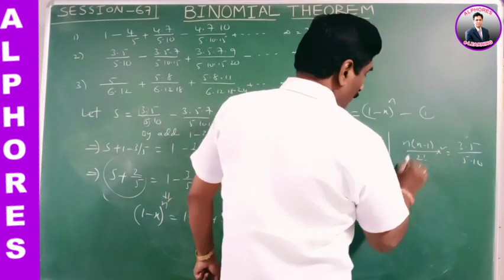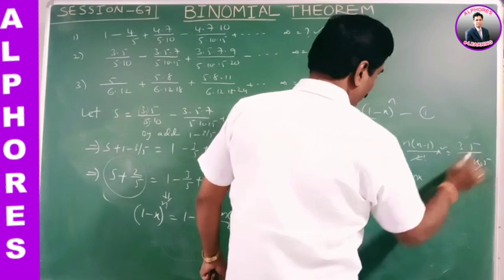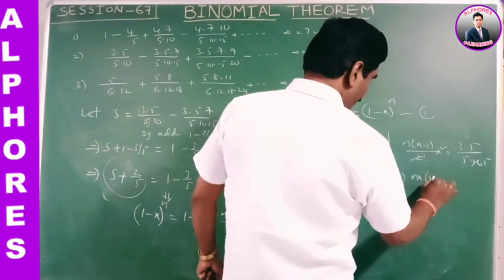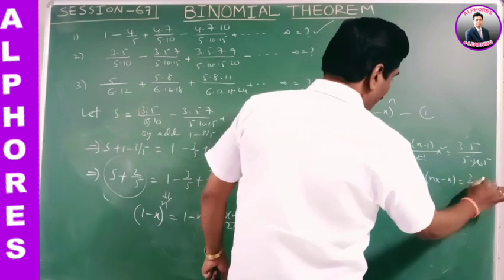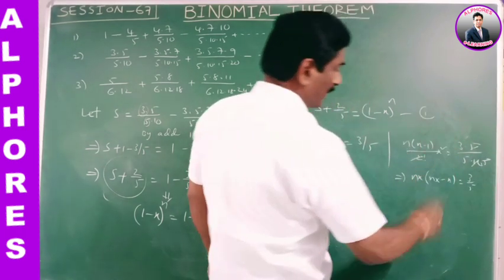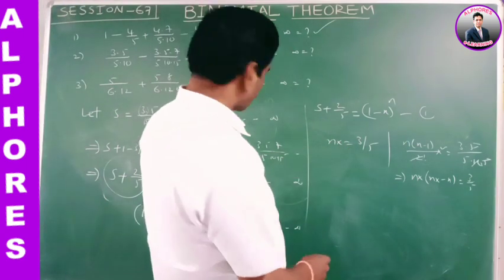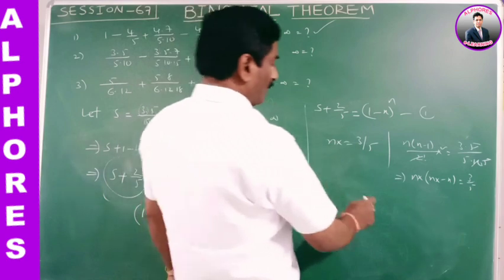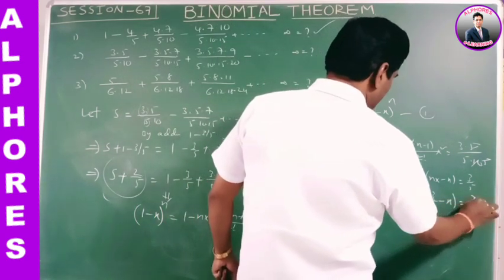Split this value into 2 parts. That means nx, here 2 factorial means 2, how many times? 5 times. Nx into (nx minus x) is equal to 3 by 5 into, here 5 cancels, that means 3 by 5. What is the value of nx? Nx value is 3 by 5. That means 3 by 5 into (3 by 5 minus x) is equal to 3 by 5.